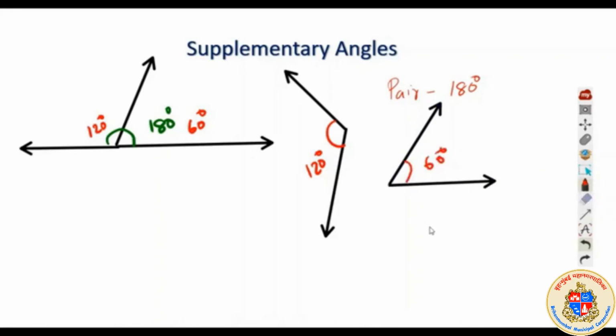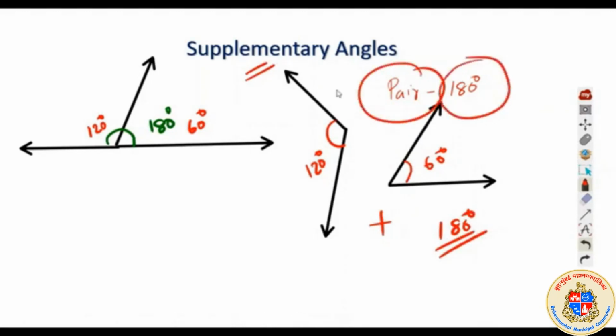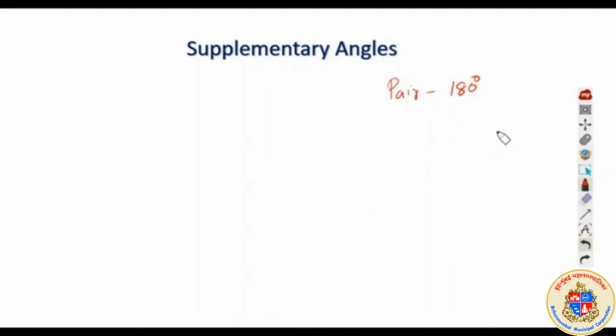That means again the sum total is equal to 180 degree. You will say this also as supplementary angles. They are a pair of angles whose total is equal to 180 degree. Correct? So this is another kind of angle you studied in the last class.